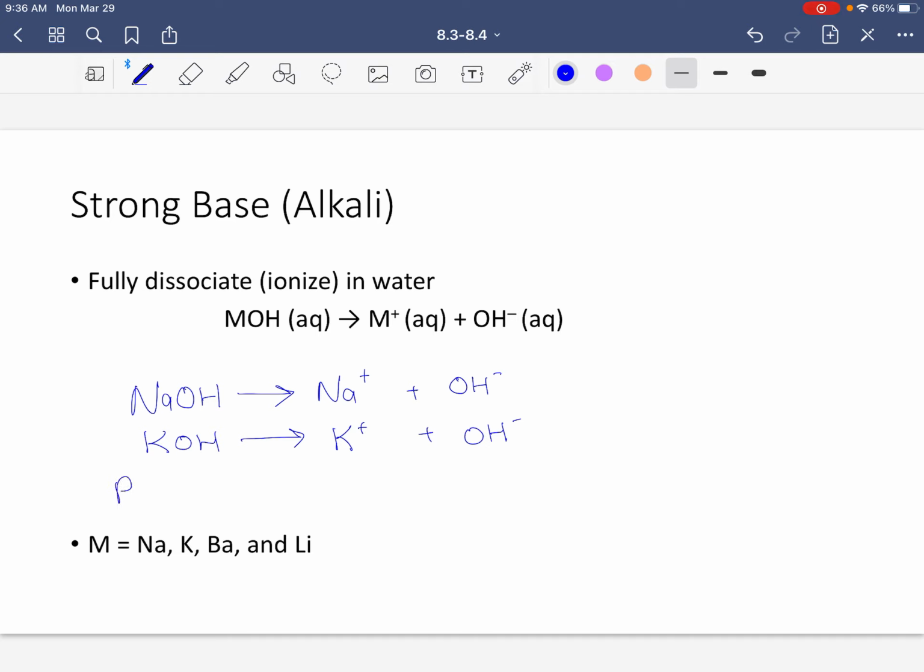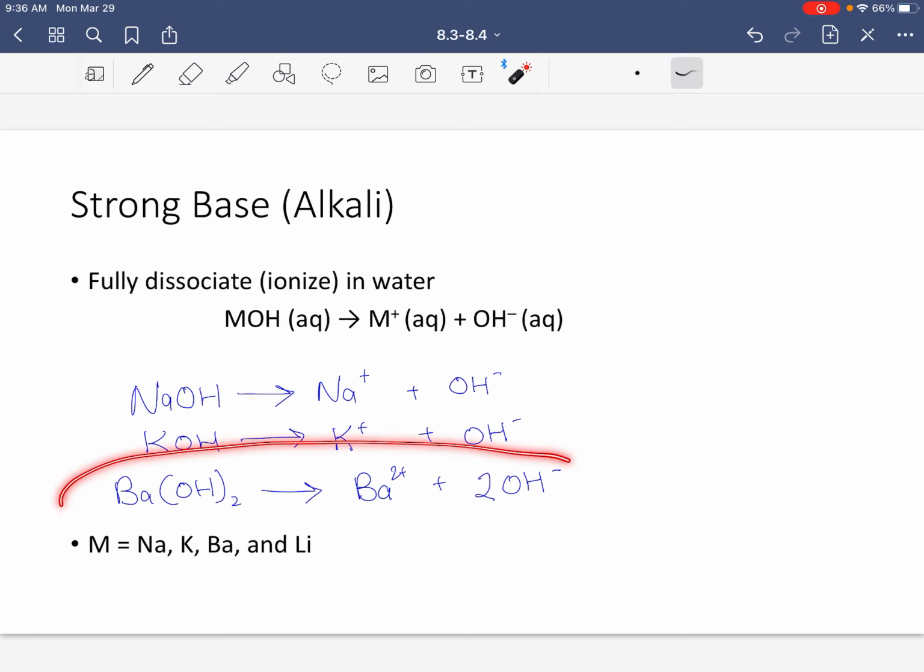Now this one you have to be careful with: barium hydroxide. You'll get Ba 2 plus and OH minus, but not one OH minus, you actually get 2 OH minus out of this. You have to balance it, so something to keep in mind.